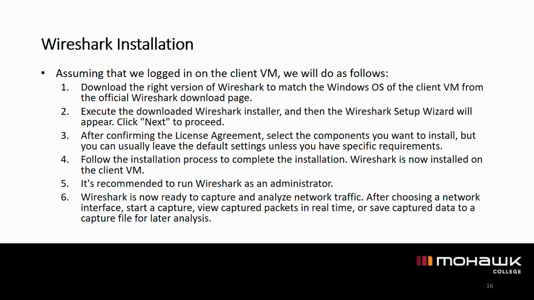But you can usually leave the default setting unless you have specific requirements. Follow the installation process to complete the installation. And then Wireshark is now installed on the client virtual machine.